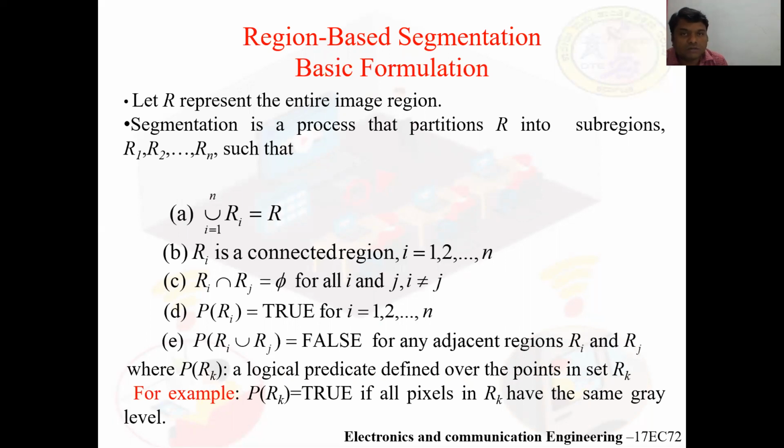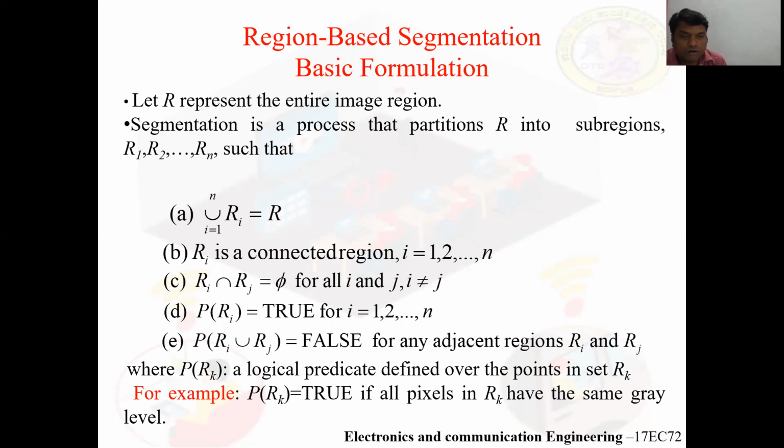Region-based segmentation, basic formulation. Let R represent the entire image region. Segmentation is a process that partitions R into subregions R1, R2, up to Rn, such that the union of Ri is equal to R, i varies from 1 to n. Ri is a connected region, i is equal to 1 to n. Ri intersection with Rj is equal to null for all i and j, i not equal to j.